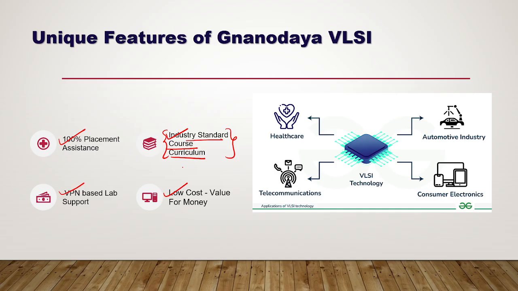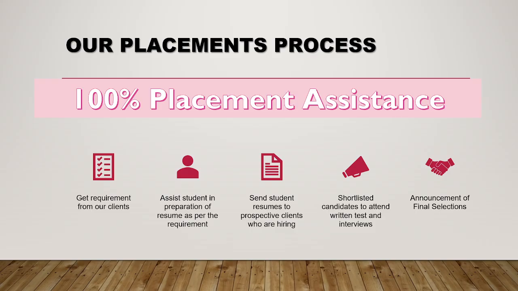Career guidance: first, when any requirement comes, we get the requirement from the client, and we assist the student in preparing the resume as per the requirement. We'll send the resume to the concerned client who is hiring. After shortlisting, we make the student attend the interview, and after that the final announcement.